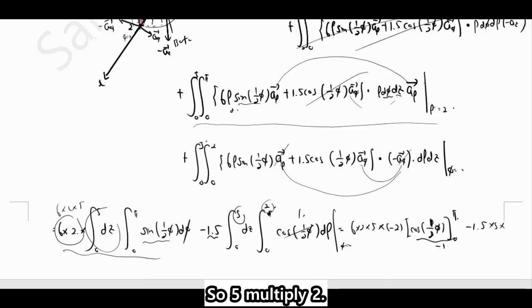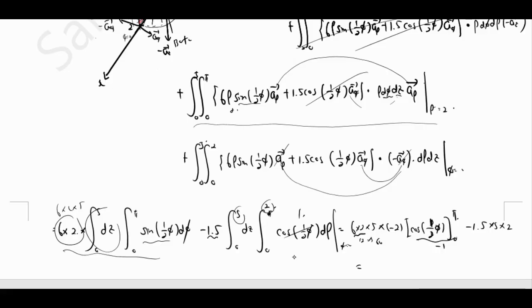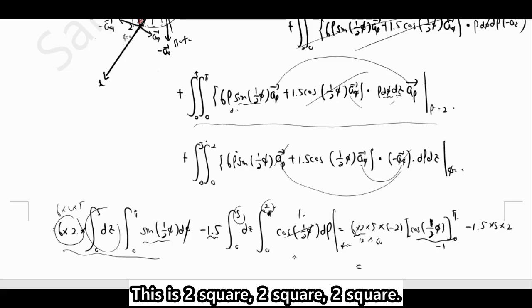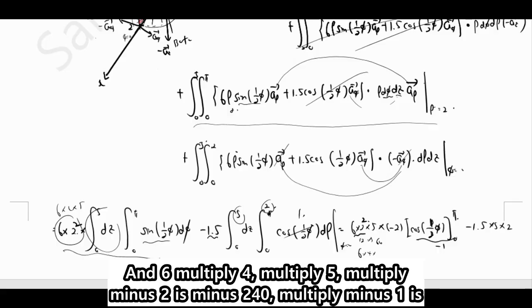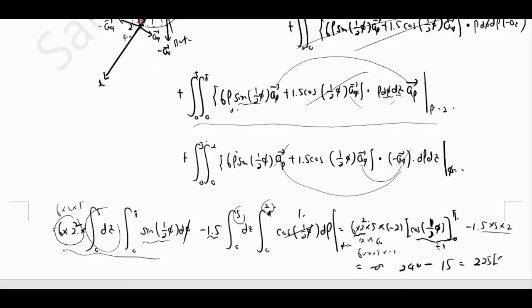So 5 times 2, and this is 12 times 5, 60, and this is 6 times 2 squared, so 6 times 4 times 5 times minus 2 is minus 240, times minus 1 is 240, minus 15, so 225 coulombs.